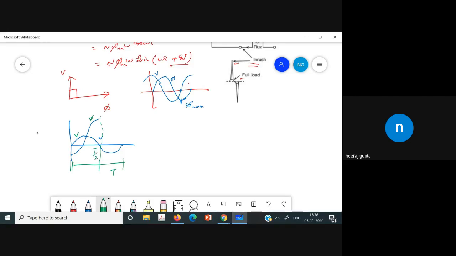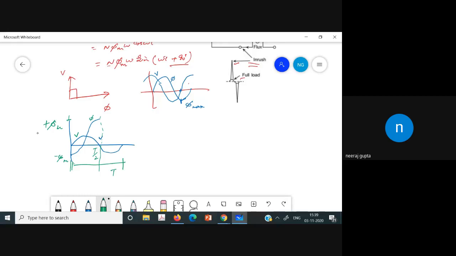Now from this we see that in the time equals T by 2, we are seeing this waveform of voltage and this waveform of flux. In the time equal to T by 2, the flux changes from minus phi maximum to plus phi maximum. So the flux changes from minus phi m to plus phi m.